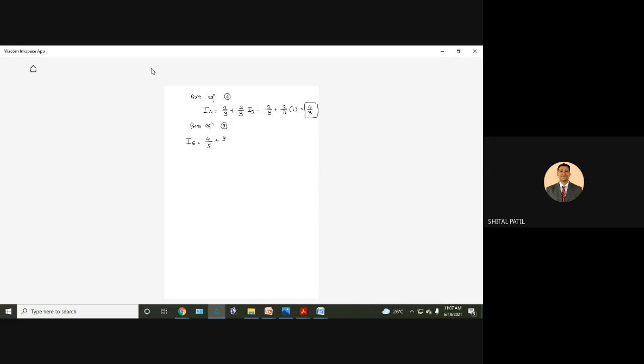Four by 5 plus 4 by 5 into I4. You can do it using calculator also.